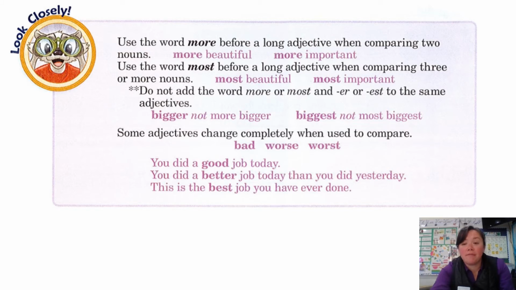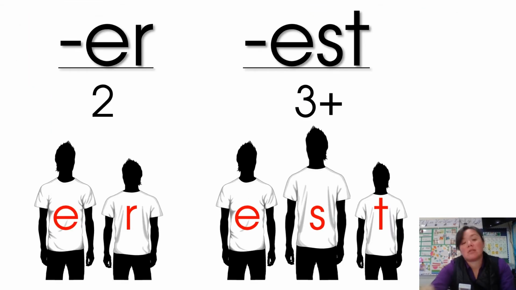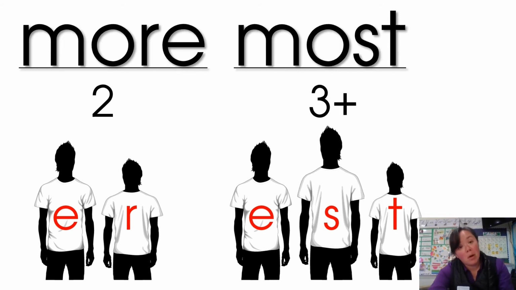On page 155, if you skip ahead, we're going to be looking at the words more and most, because sometimes certain words cannot just be used by adding ER or EST. For example, beautiful. She is beautifuler, or she is beautifulest. It doesn't sound very good. So when the adjective is really long, it usually sounds better if you exchange the ER or the EST with the words more or most.